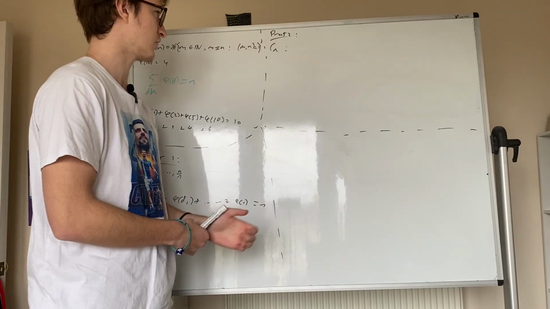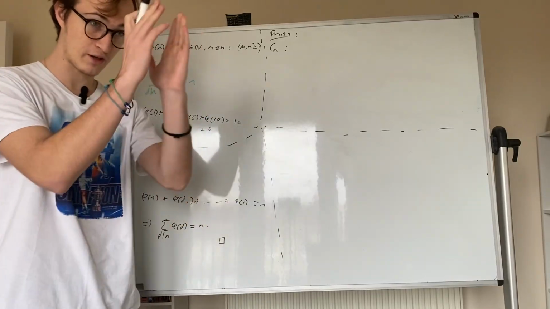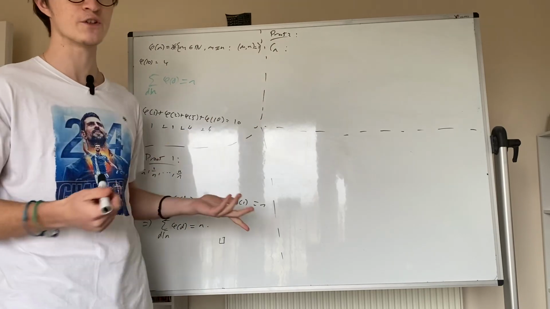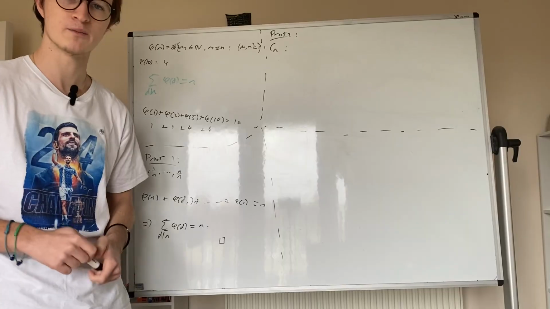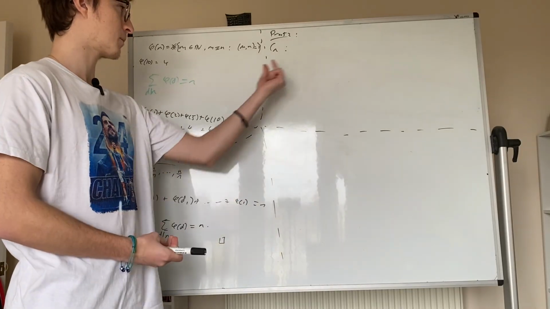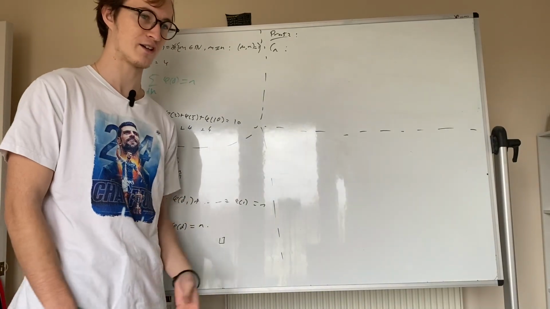And by Lagrange's theorem, the order of these subgroups must divide the order of Cn, which is just n. And I'm taking it as a given here that any subgroup of a cyclic group is also cyclic.